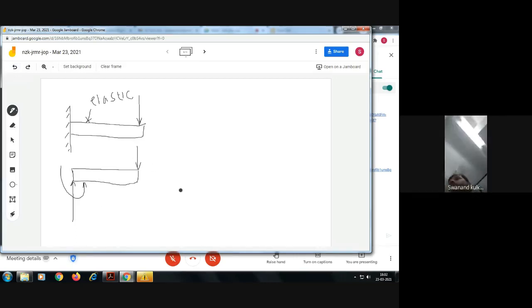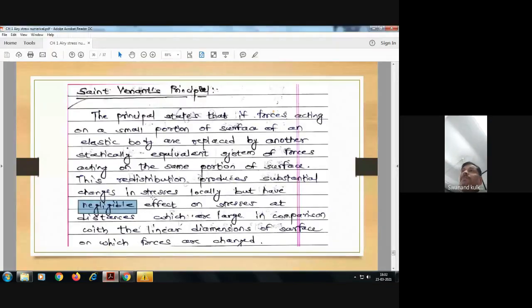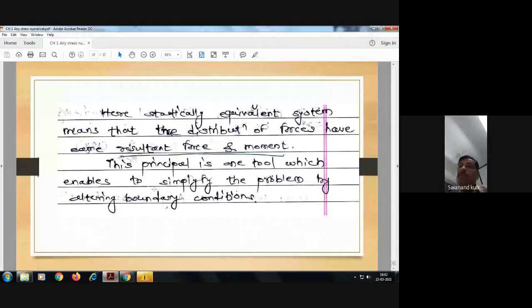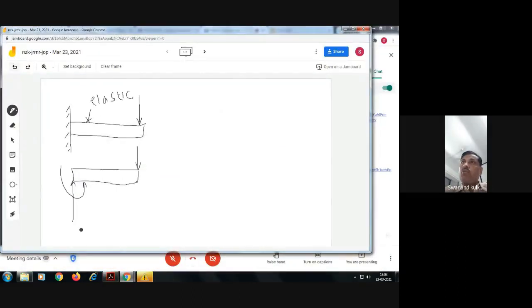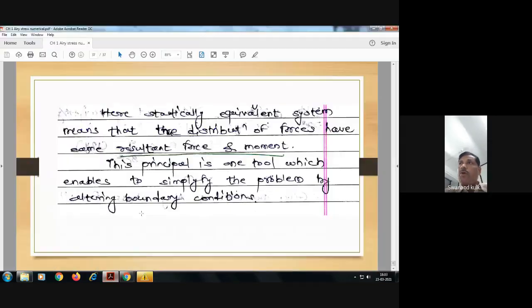There will be effect locally only. Is it okay? So that's what Saint Venant's principle states. Statically equivalent system means the distribution of forces has the same resultant force and moment. Here the same resultant force and same resultant moment we have considered, and that's why this principle is one of the tools enabling us to simplify the problem by altering boundary conditions.